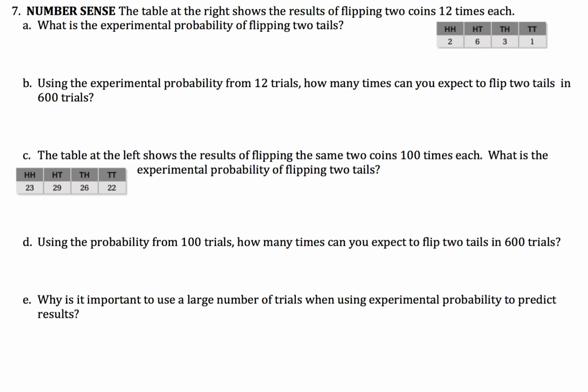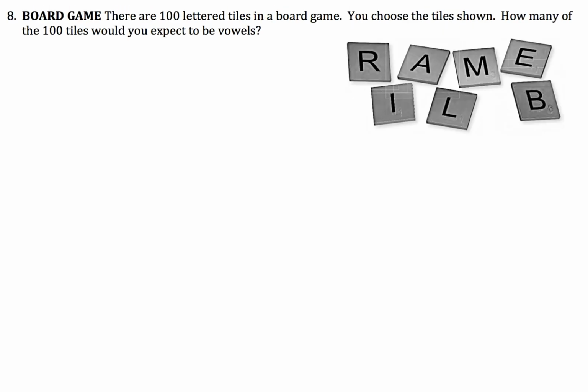Experimental probabilities are based on collected data. And then number 8, you conduct an experiment where you pick 7 tiles out of a bag. Use this experimental data to estimate the number of vowels in a 100-tile game.